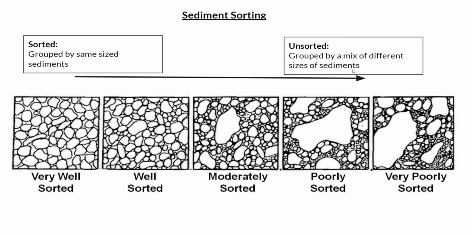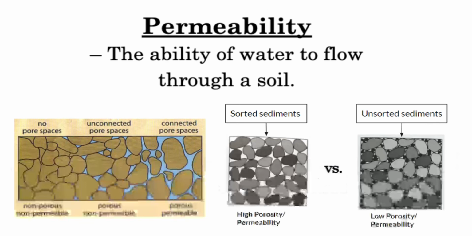Unsorted means the sediments are grouped by a mix of different sizes and shapes. So, for instance, this would be very poorly sorted or unsorted because all the sediments are different sizes and shapes. Okay, and that's important when we talk about how water travels or seeps down in the ground when it rains.